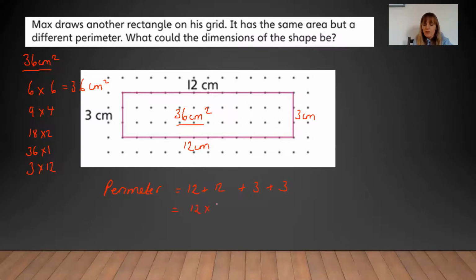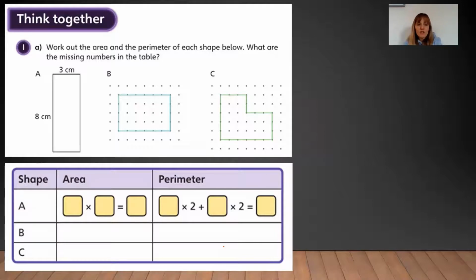So you could do 12 times 2, add 3 times 2. Might be a bit quicker. So 12 times 2 is 24, 3 times 2 is 6. Add them both together and the perimeter of this shape would be 30 centimetres. So if you're happiest adding all the outside edges, that's fine. If you want to do the short method where you're doing the length times 2, add the width times 2, that's great.